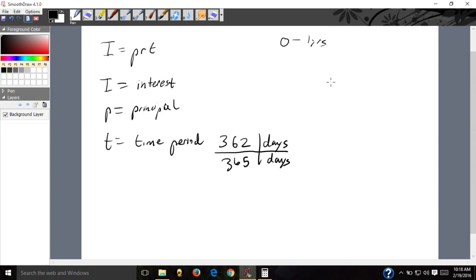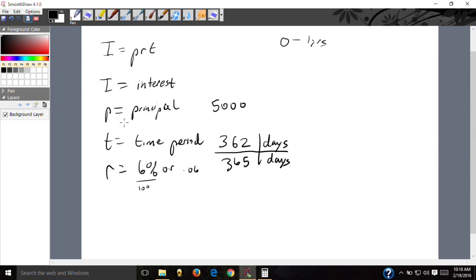Okay? Now, let's say I had a principal amount of say $5,000. And I had an interest rate of 6%. Well, I can't just plug in 6%. I need to convert that to a decimal. So I'm going to divide this by 100 in order to get a decimal back, and I get 0.06.